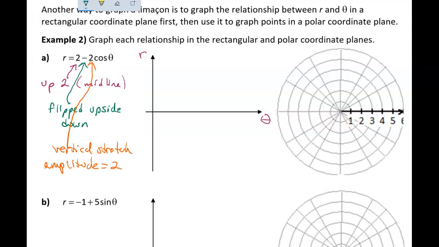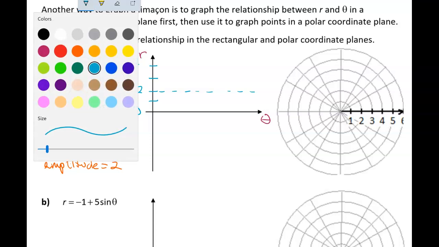All right, so what does that mean? Our midline is up 2, and there's an amplitude of 2, which means that the graph will go 2 units above that value and 2 units below to 0. And the graph is upside down.